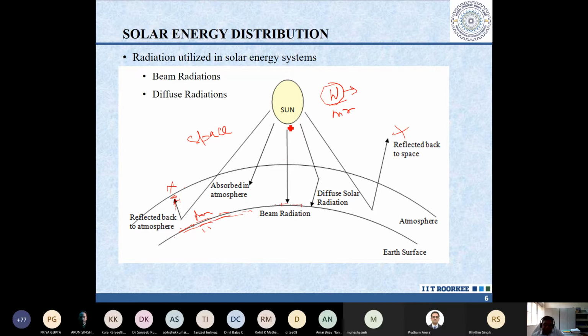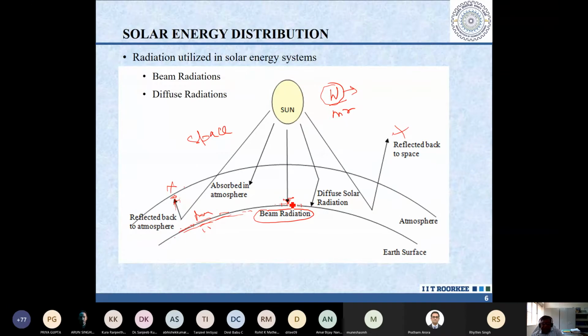But sometimes we find that some solar radiation reaches the Earth's surface without being disturbed. That solar radiation we call beam radiation or direct solar radiation. That part is available to me.